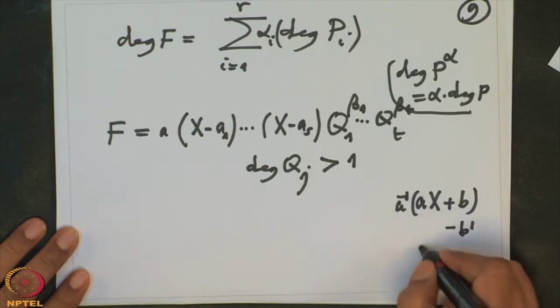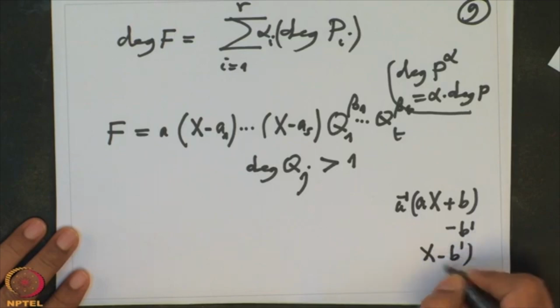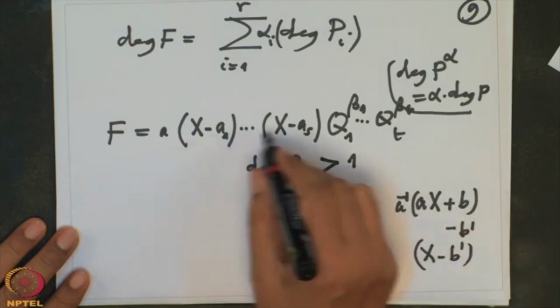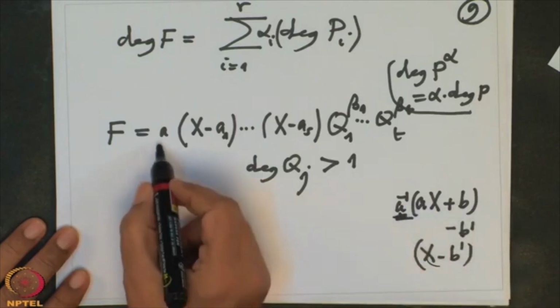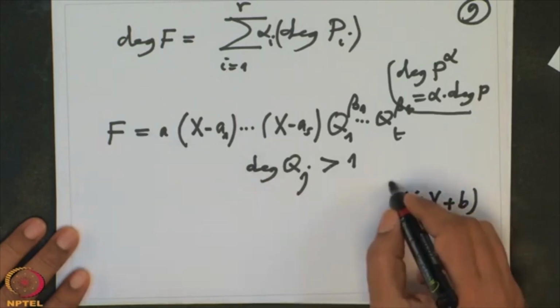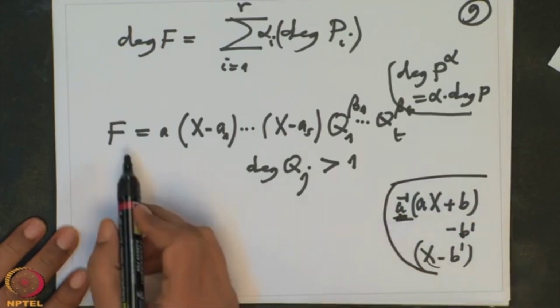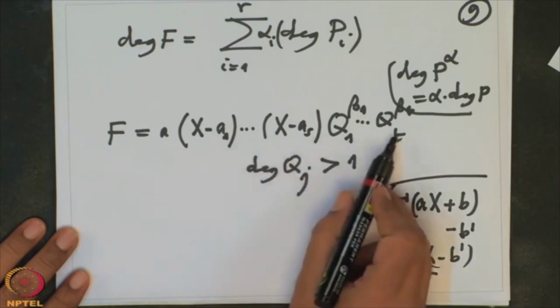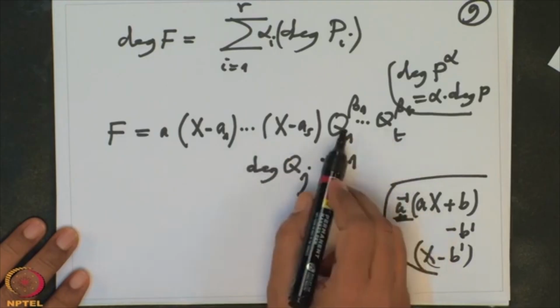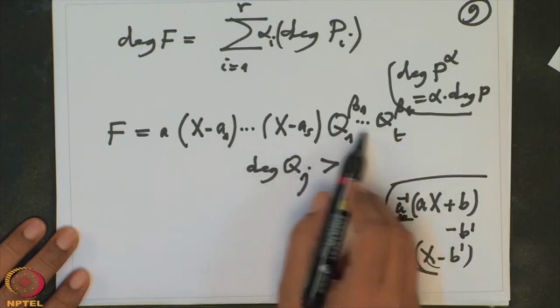So this all together becomes x minus b prime. So all the linear polynomials I can write in this form, and all these inverses will get absorbed in this constant a. So in any case I reform the given f into this one, and these Q's are the degree 2 or more polynomials.